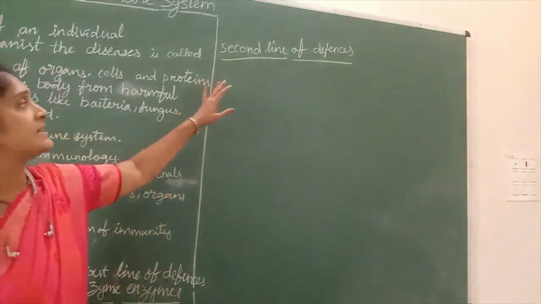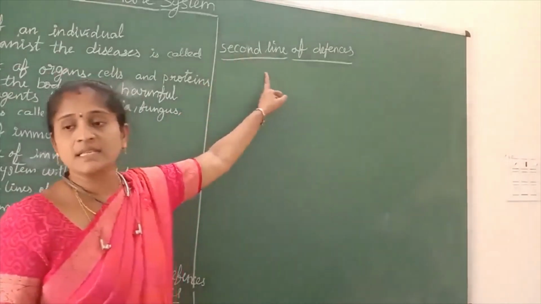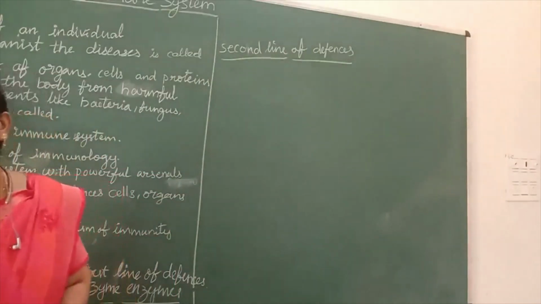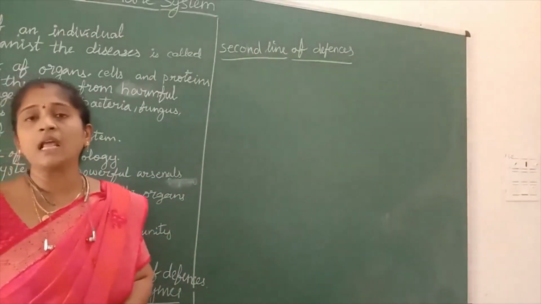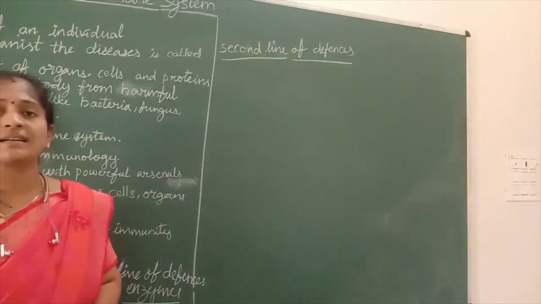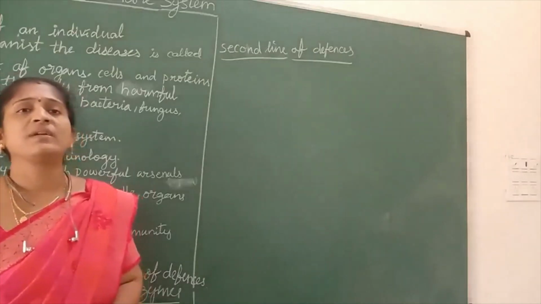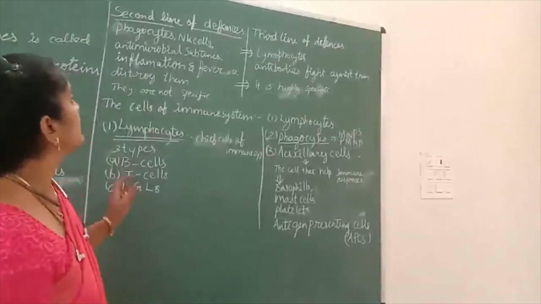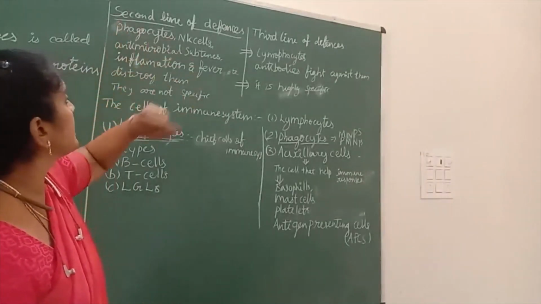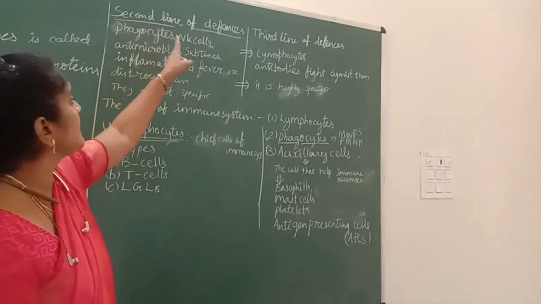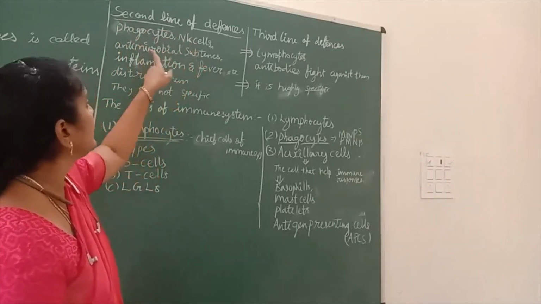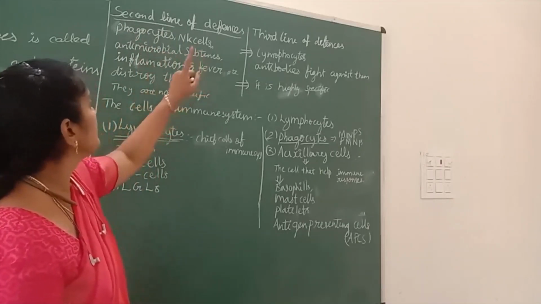This second line of defense deals with the phagocytes, natural killer cells and antimicrobial substances. So inflammation or fever occurs in our body. When the first line of defense fails, they enter the second line of defense. So the phagocytic cells, natural killer cells and antimicrobial substances defend against the microbes.